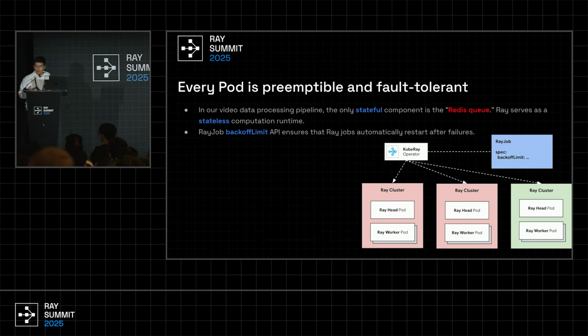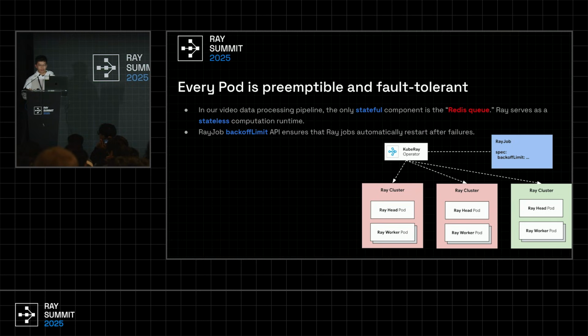And the second one is that in xAI, almost everything is preemptible, so you need to make it fault tolerant. If some cluster crashes, it needs to be able to restart. And the good thing is that we try to keep all the stateful information in the Redis queue, so the Ray cluster is similar to a stateless runtime.